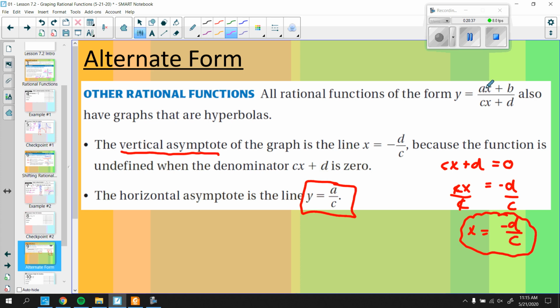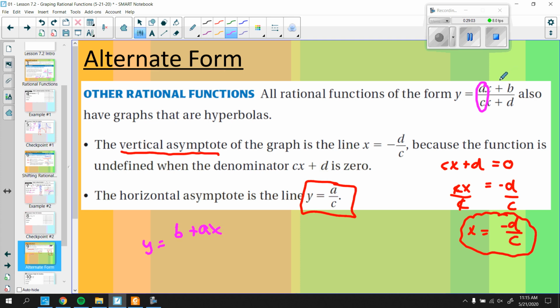So we're looking at this number over this number. It ends up maybe being easy. The number in front of the x over the number in front of the x, a over c, for your horizontal asymptote. Just be careful there, not that I'm trying to trick you, but you could see an equation like y equals b plus ax.